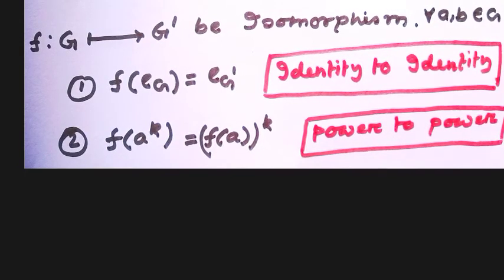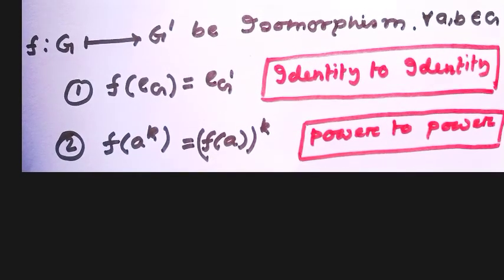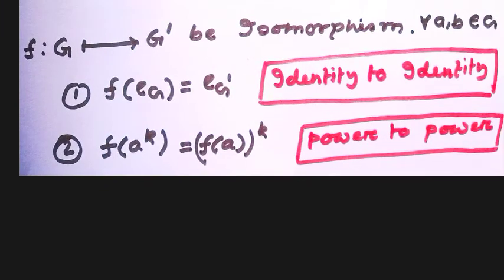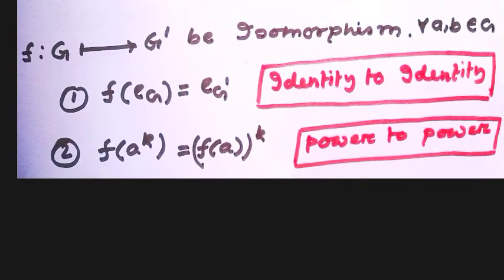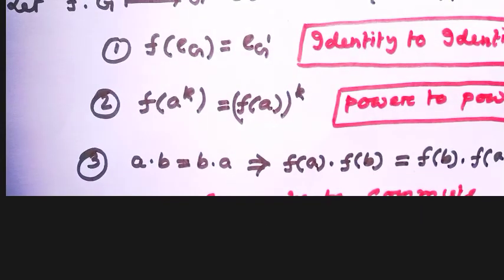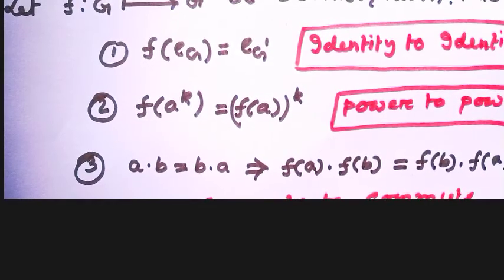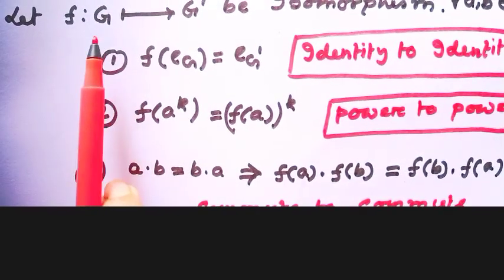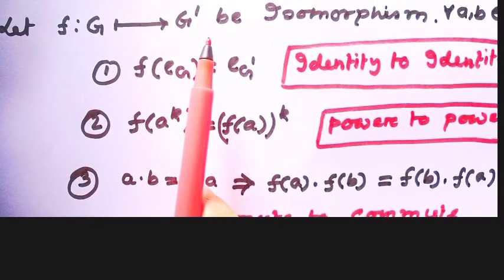Let's see the properties. The first property: let f be a mapping from G to G prime be an isomorphism, for all a, b in G and k any integer. Then the first property is f of e equals e prime. That means every isomorphism sends the identity element of G to the identity element of G prime.